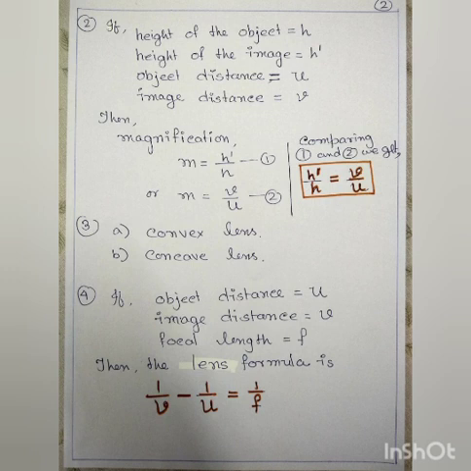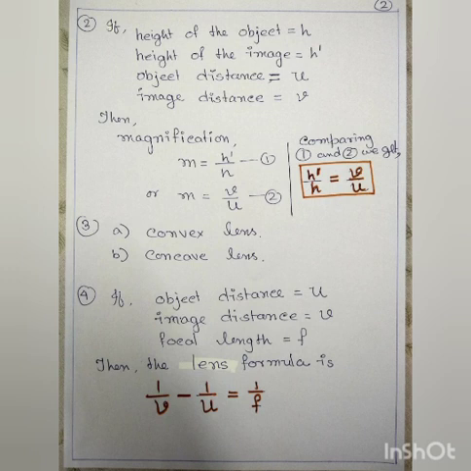Now the next question, write the lens formula. How to write? See, you can write it this way. If the object distance is u, the image distance is v and the focal length is f, then the lens formula is 1/v - 1/u = 1/f. Now students, listen carefully.